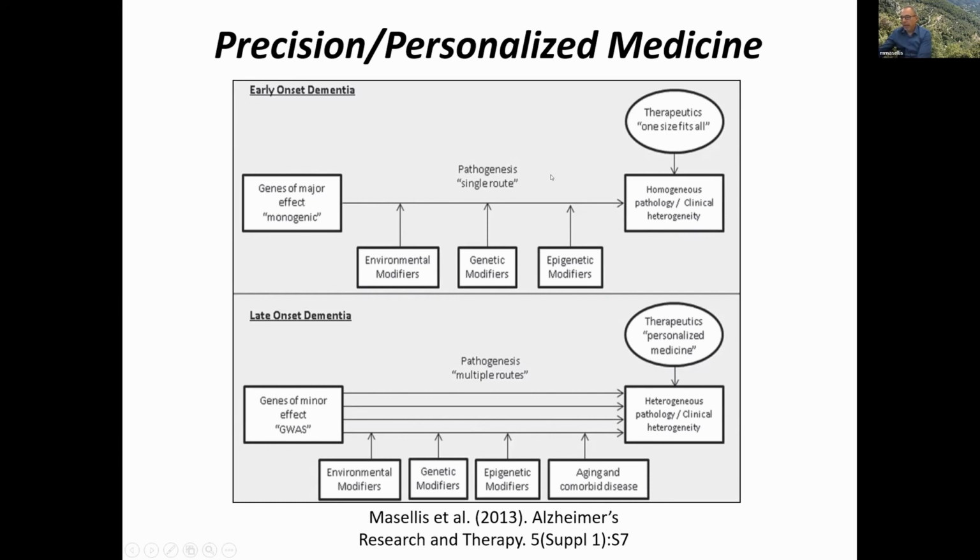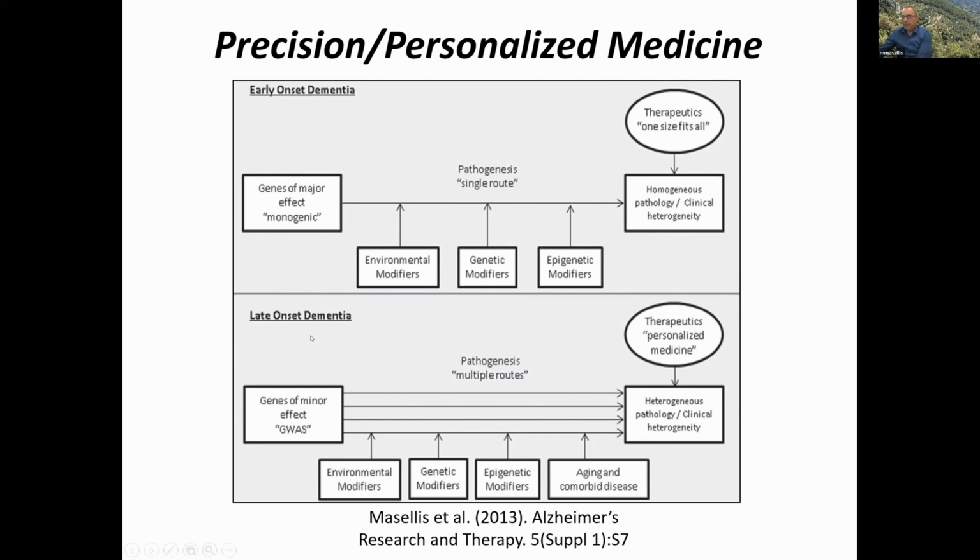We hope that the route to pathogenesis is a single route. This leads to more homogeneous pathology. We still see clinical heterogeneity, and this might be due to environmental, genetic, and epigenetic modifiers. And in this circumstance, the therapeutic approach of one size fits all might be the way to go.